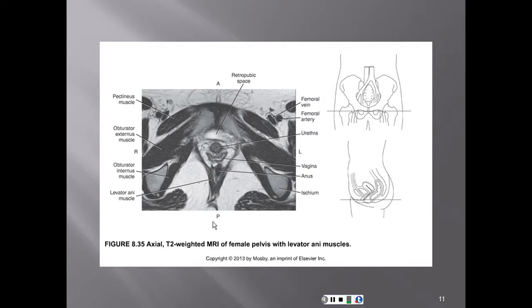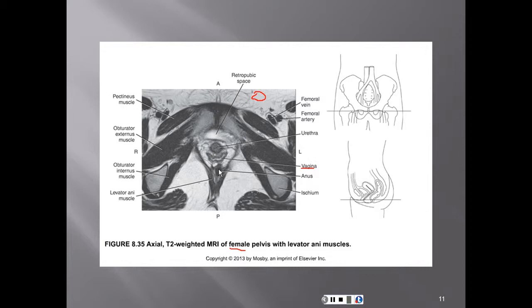So axial T2 weighted MRI of the female pelvis. In here, we don't see a spermatic cord anywhere. We don't see a prostate gland, and we see a vagina. So without any type of distinction, we should be able to distinguish that this is indeed a female pelvis.